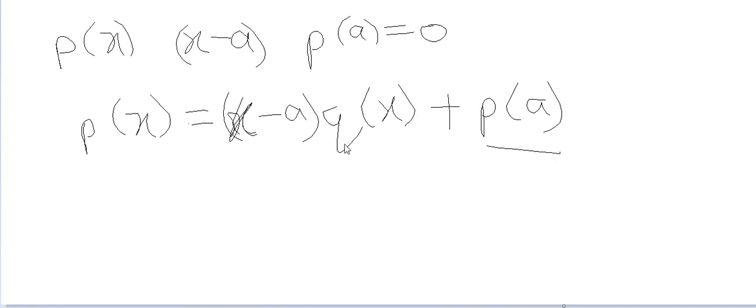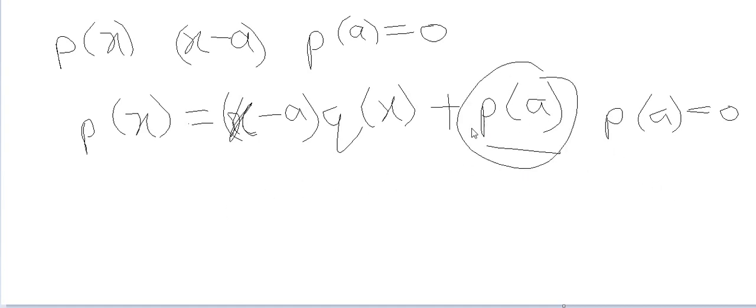So if x minus a is a factor of p(x), then p(a) is equal to 0. Similarly, if p(a) is equal to 0, then the remainder is equal to 0. And if the remainder is equal to 0, then x minus a is a factor of p(x). Hence, the factor theorem is proved.